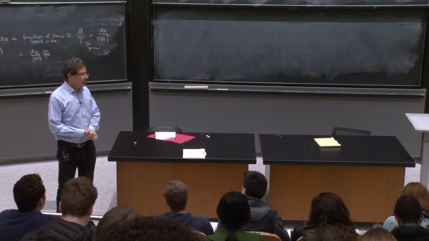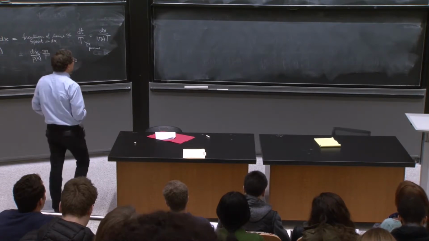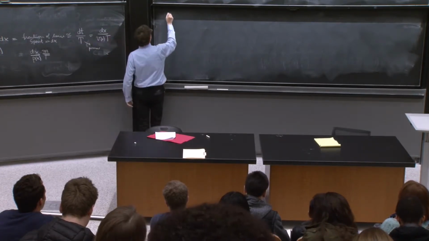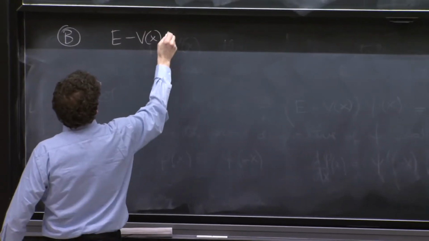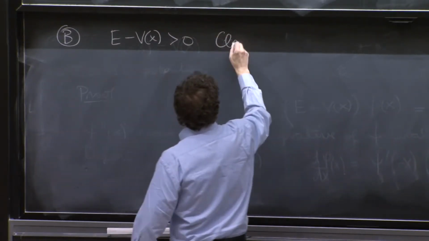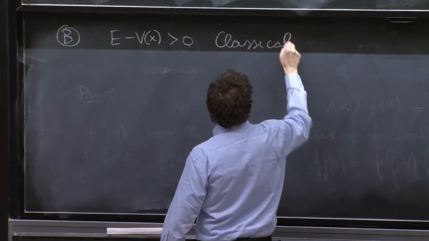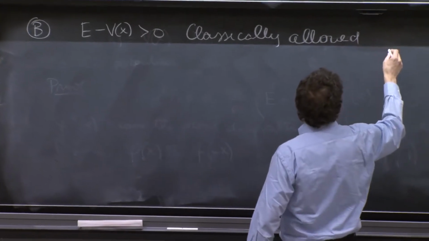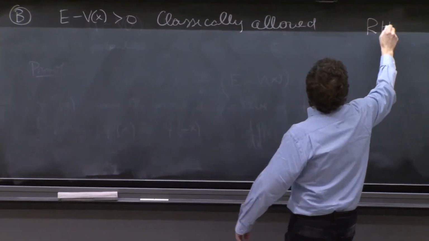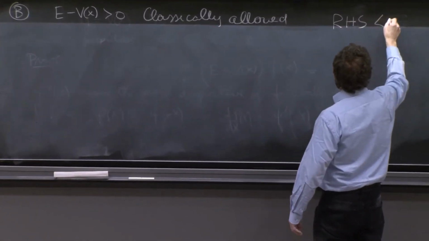Classically allowed, case B: E minus V of x is greater than 0, classically allowed. And the right-hand side of the equation is negative.